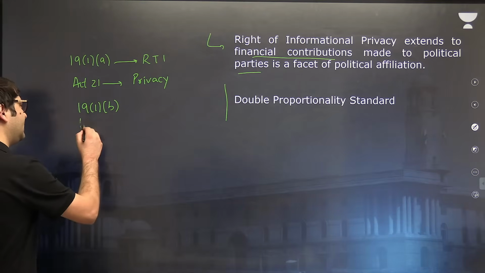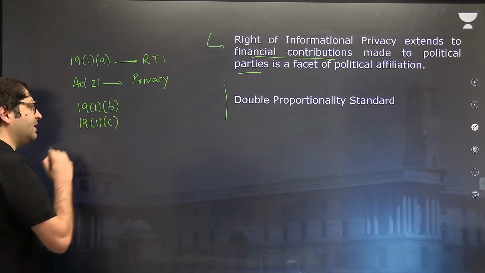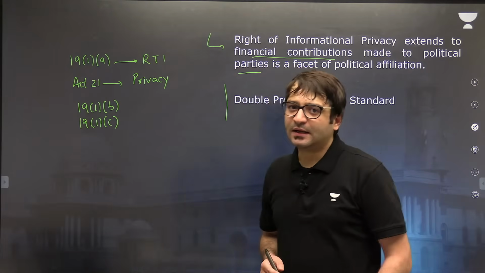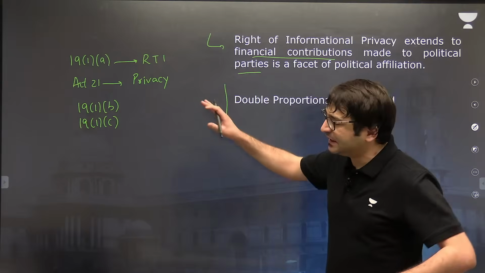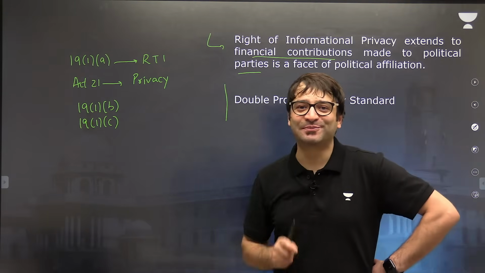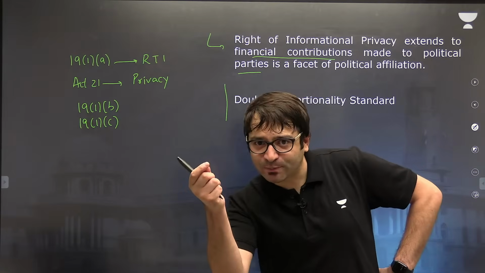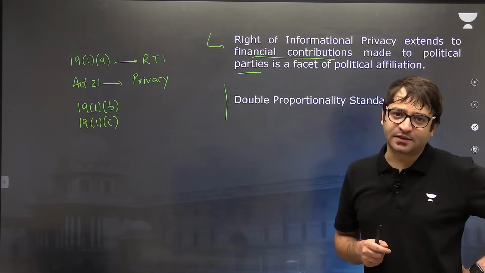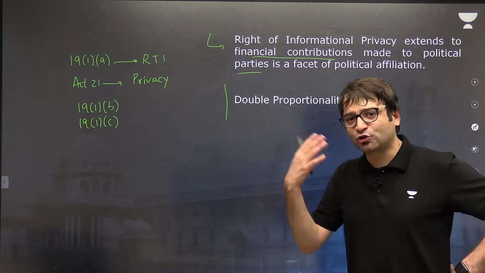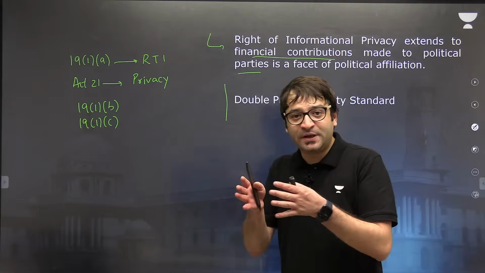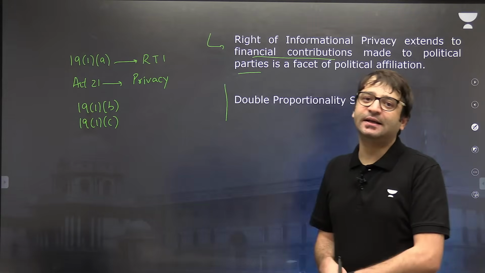We have 19(1)(c), which basically talks about right of every single citizen of India to assemble peacefully without arms, to express your support for your political party. Right of every single citizen that you can form an association, union, or a cooperative society, which may also mean that you are part of a political party.